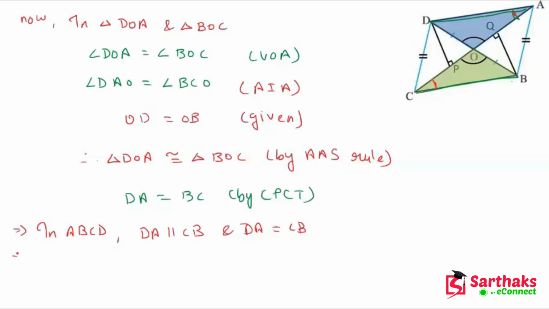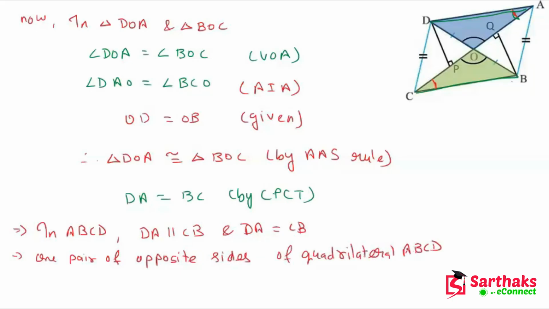So we can write here: one pair of opposite sides of quadrilateral ABCD is equal and parallel.